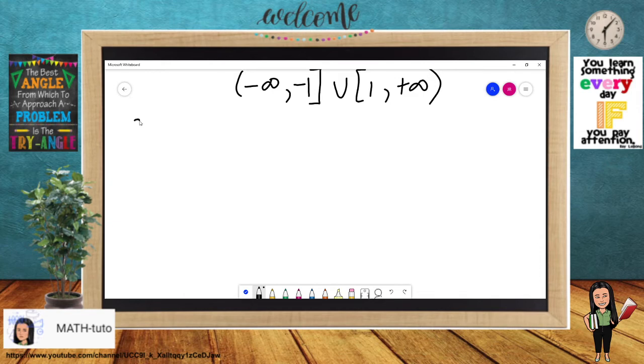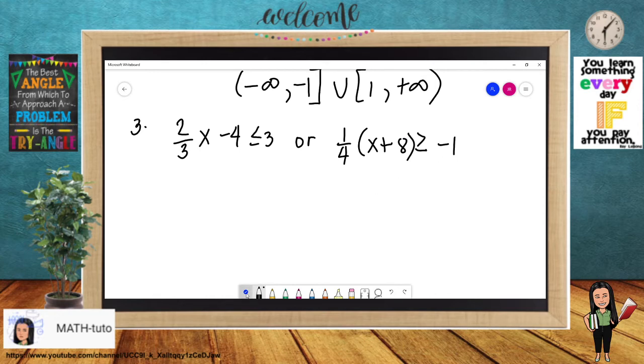Let's have another example. So, 2/3 x minus 4 less than or equal to 3 or 1/4 quantity x plus 8 greater than or equal to negative 1. Okay?